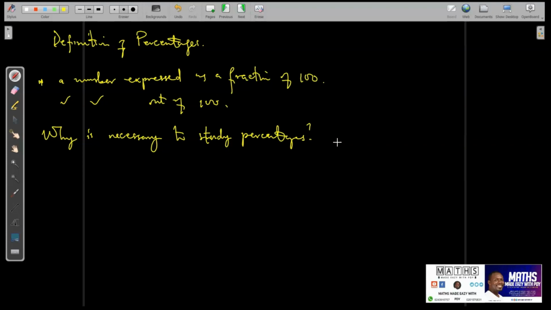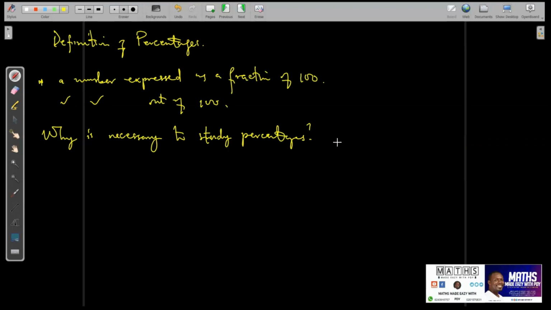An example is 50% of 100,000. When you solve it, the answer will be 50,000. But instead of saying 50,000, I say 50%. Okay, that's very good.